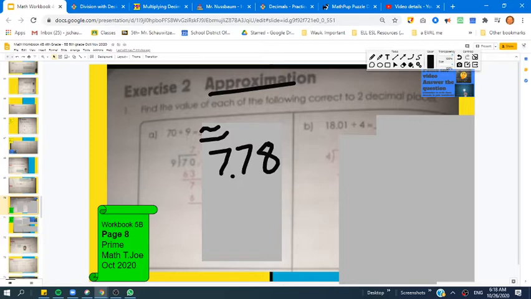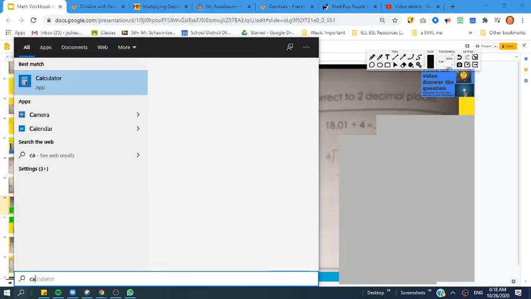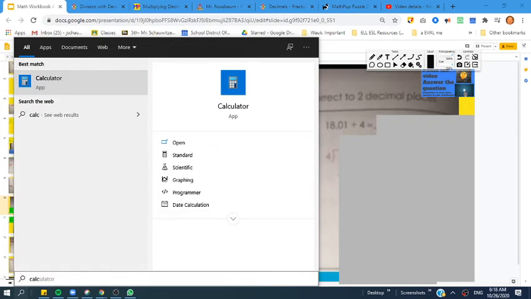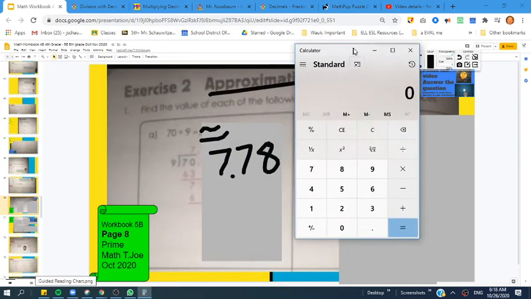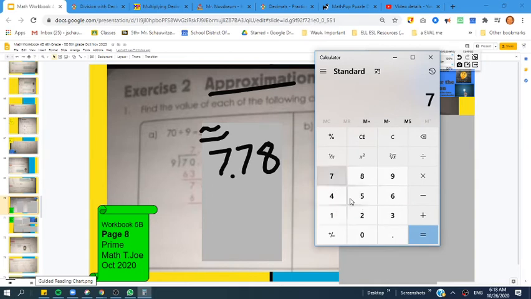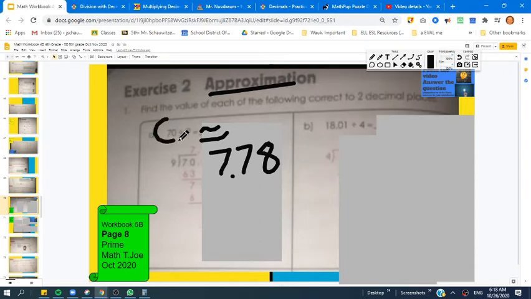Now, if I wanted to show that on the calculator, I could do that to check my answer. For example, I could check this answer by showing you that 7 and 78 hundredths times 9 gives me 70. Gives me my original answer, right?